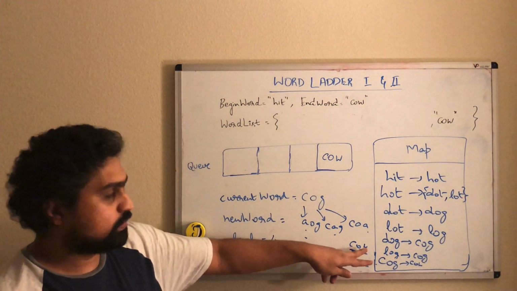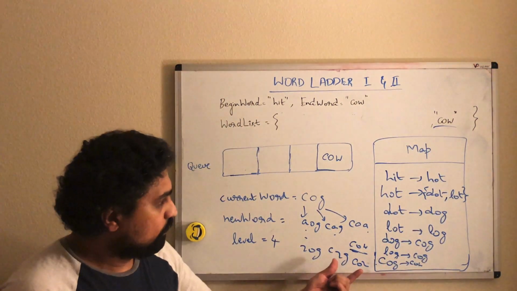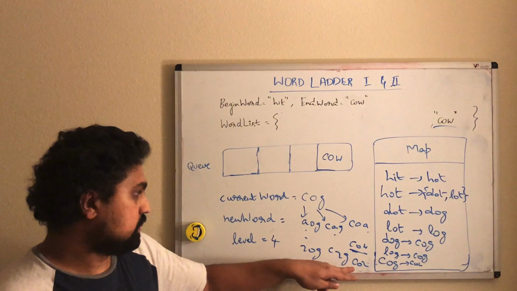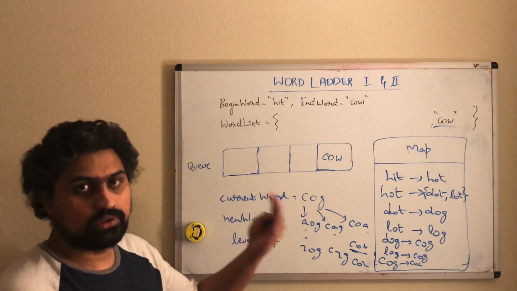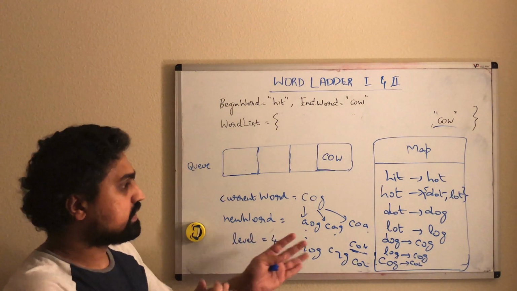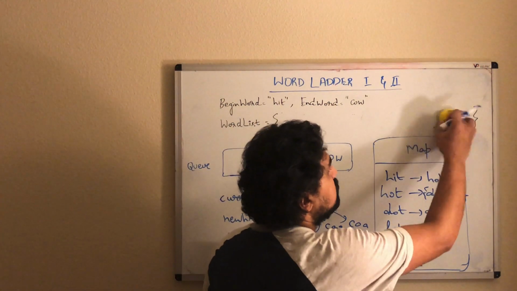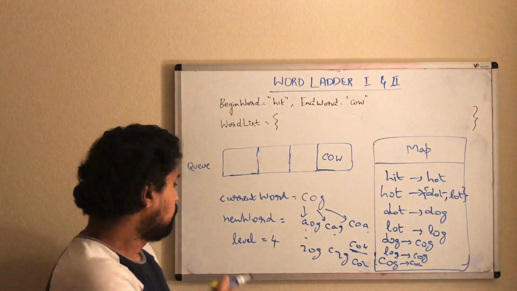Now since we have found the word cow, we shall mark it as found, and once we are done processing the word COG, then we move to the new level. So whenever we move to the new level, we remove all the words that were visited in that level. So we should remove the word cow from this word list.